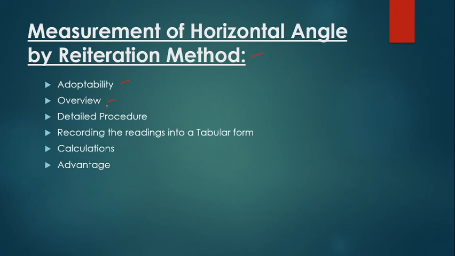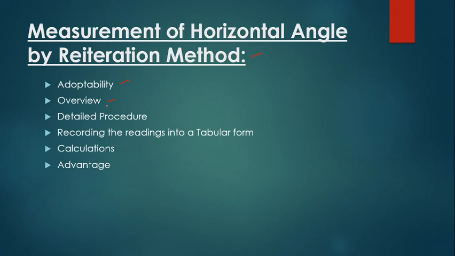And if the horizon is not closed or there is a minor error, then that error is equally distributed among all the angles. And then the same procedure is repeated with face right and face left. Then the individual angles are determined by averaging both face left and face right values. So this is an overview.